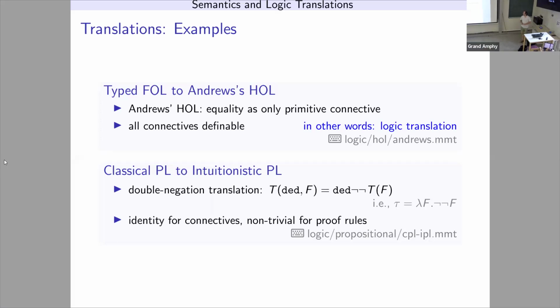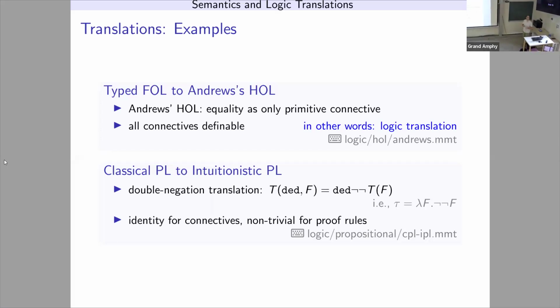Yeah, so the basic idea is this is classical propositional logic, and this is intuitionistic logic. Basic idea is we translate all the connectives to themselves, but we stick a double negation at the top.